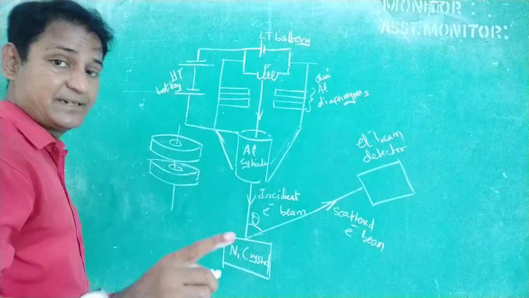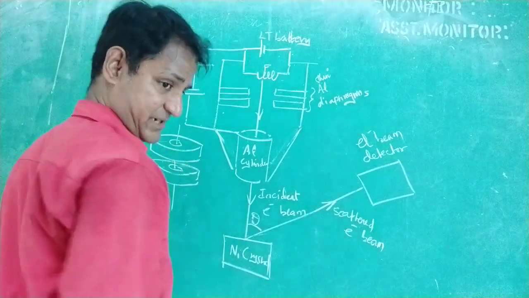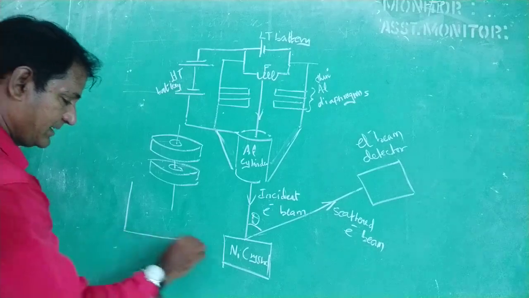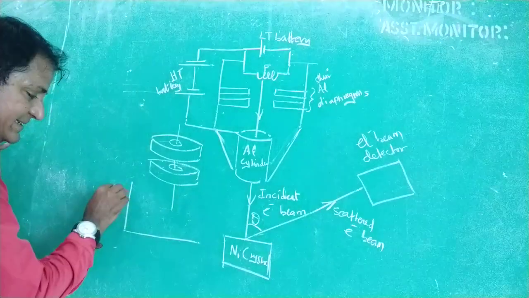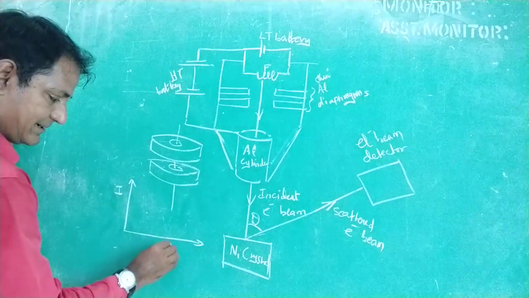At last, after collecting all of it, the intensity of the scattered electron beam is measured. From this, they draw a graph: the y-axis is intensity and the x-axis is the angle theta.